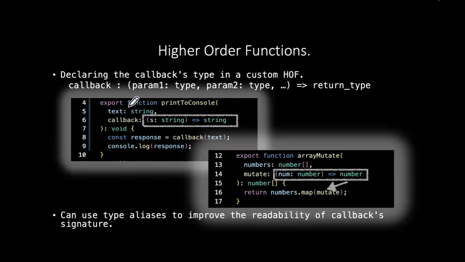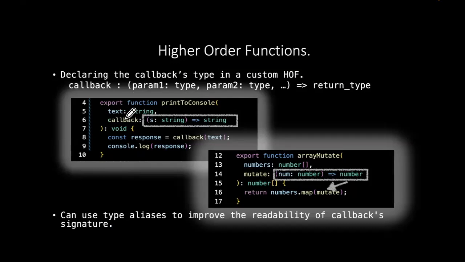Here's an example, again a kind of made up example. We've got a function called print to console, and it takes two arguments. It takes a string, and the second argument is meant to be a function. As you know, generically, when you pass a function to a function, we refer to the function parameter as a callback. So I'm just using that name here.